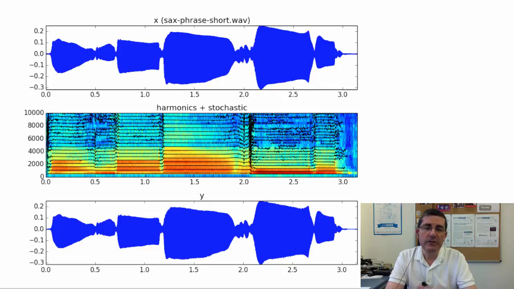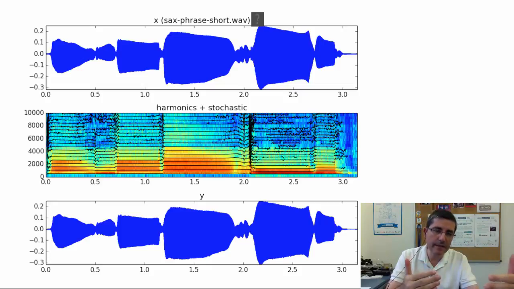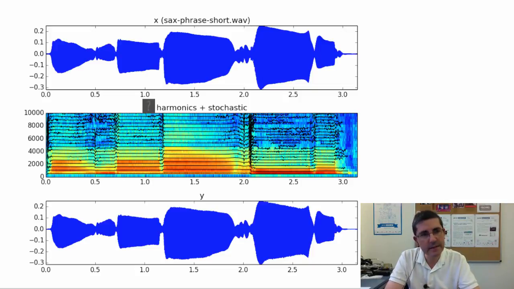So let's now see an example of a complete analysis synthesis of a particular sound. We're taking this saxophone sound. Let's listen to that. Okay, and then below it we have the two representations that we have obtained, the harmonics and the stochastic component, the spectrogram of the stochastic component. Let's listen to the harmonics.